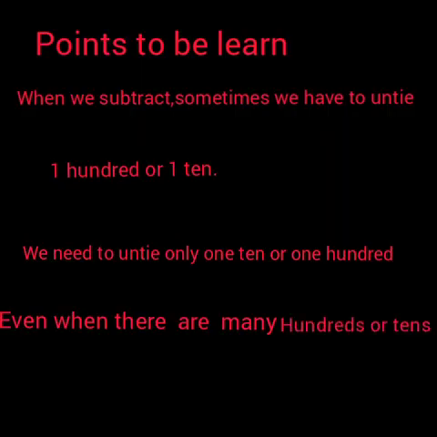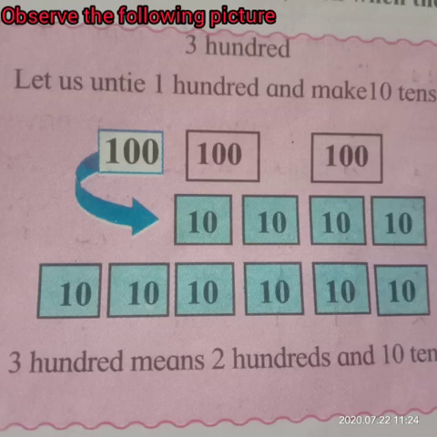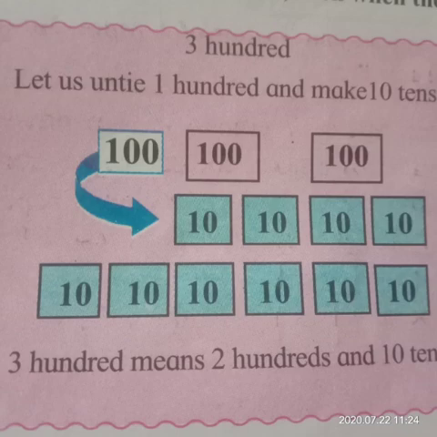Students, please remember this following point. When we subtract, sometimes we have to untie 100 or 10. We need to untie only one 100 or one 10 even when there are many hundreds or tens. Can you see that in the picture? It is so interesting. 300.